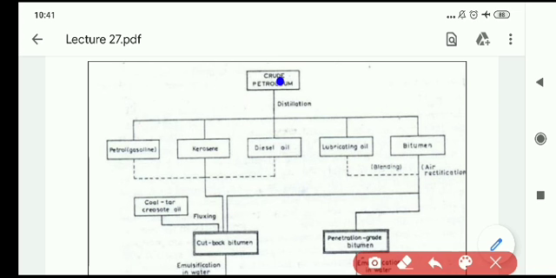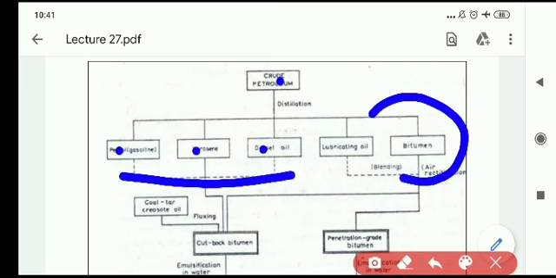After the distillation process, we get petrol, kerosene and diesel as byproducts. These three products are collected, and at last we get some residue, the remaining material, that is known as bitumen.